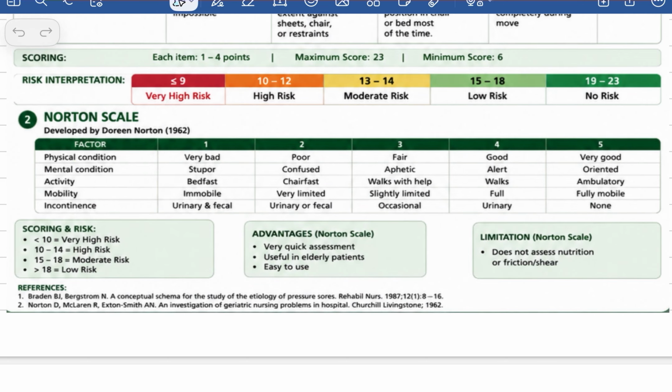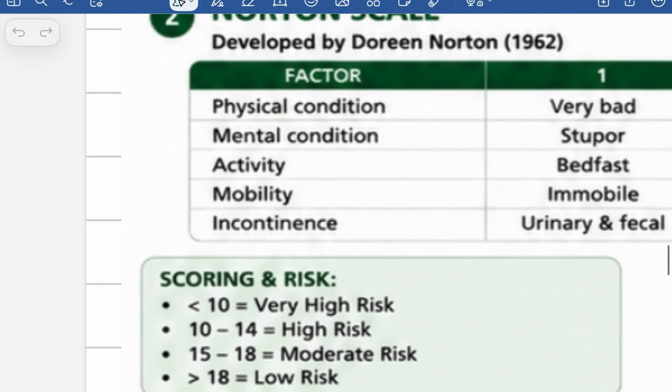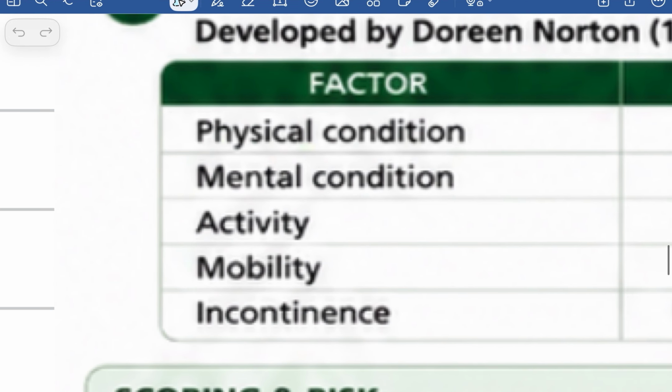PUMMY means what? These are the categories, or we can say the parameters of the Norton scale, where we can see PUMMY. PUMMY means physical condition, mental condition, activity, mobility, incontinence.